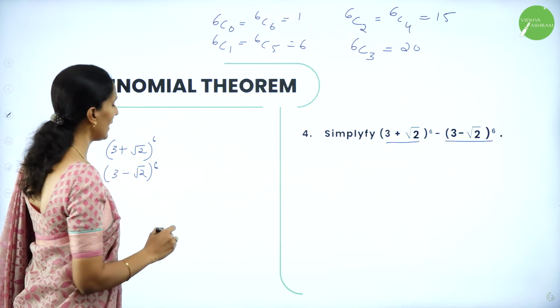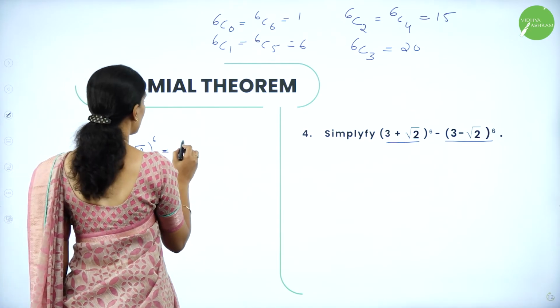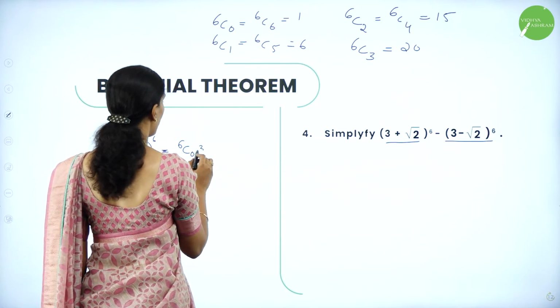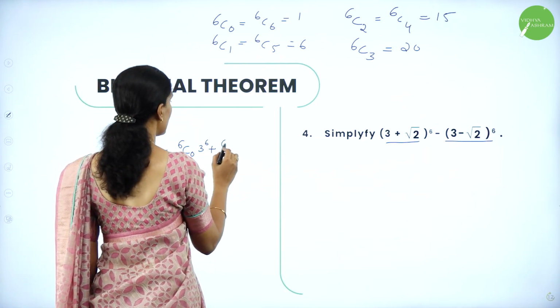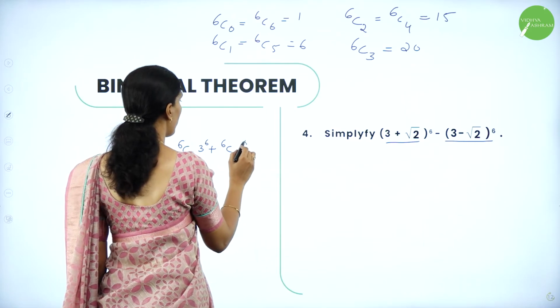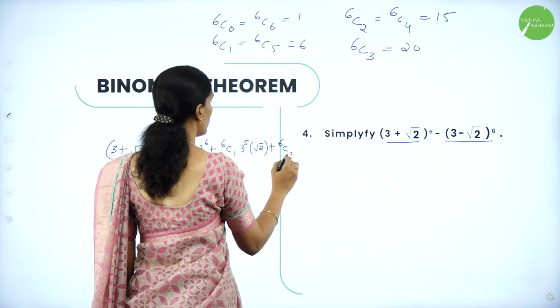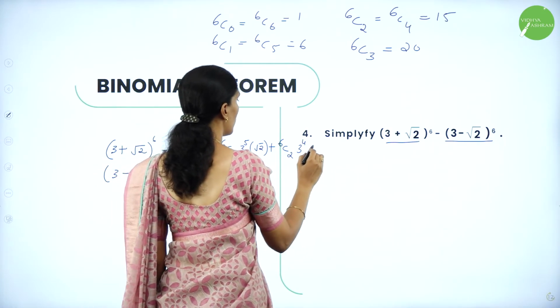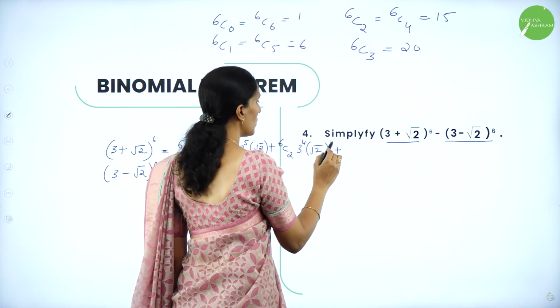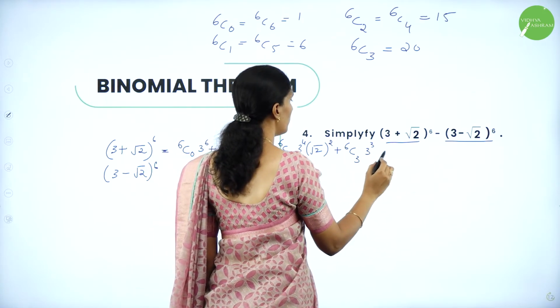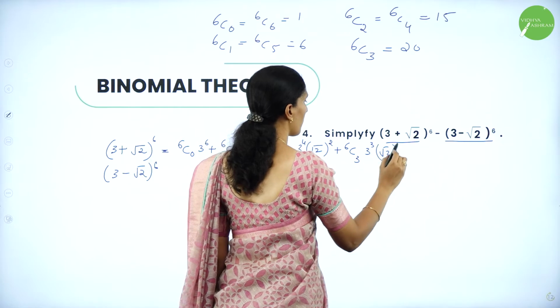I'll write that directly. So here I got 6C0, 3 power 6 plus 6C1, 3 power 5 root 2. 6C2, 3 power 4 root 2 whole square. Next 6C3, 3 cube root 2 whole cube.